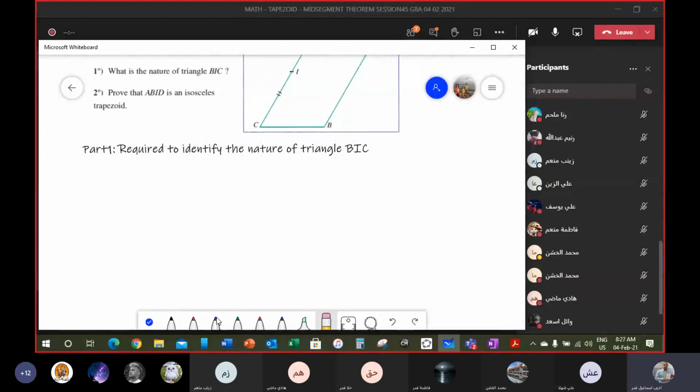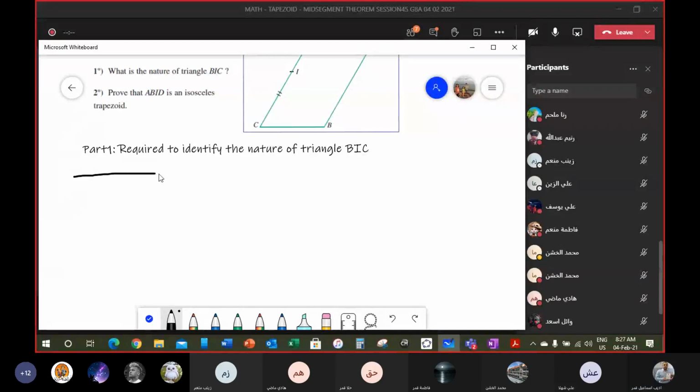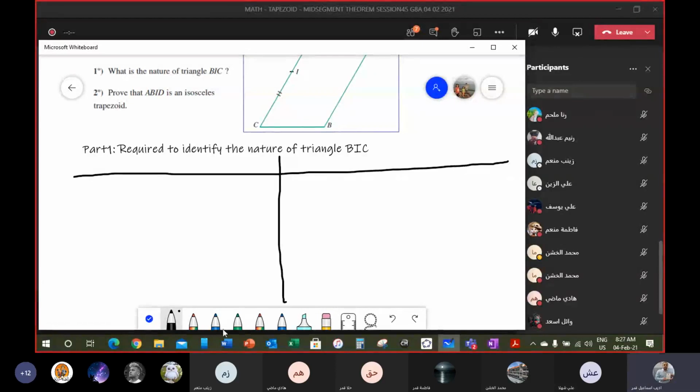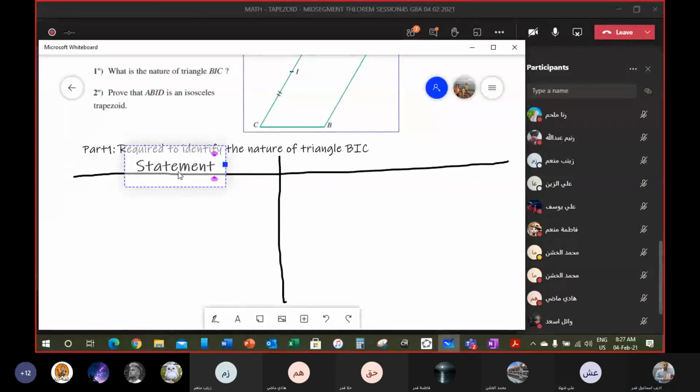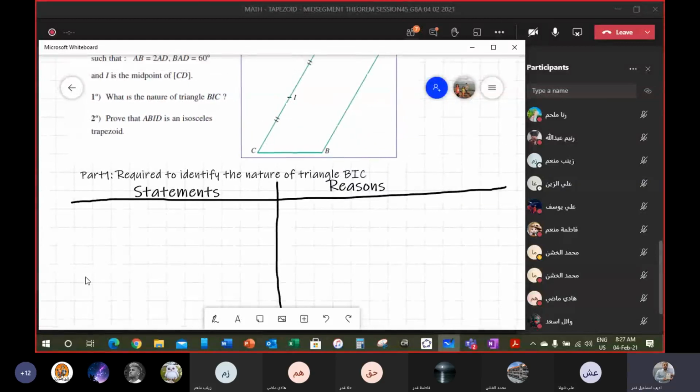So مثل ما كنا بلشنا بنعمل table with statements and reasons. يلا، فإذا هون we should find the nature of triangle BIC.